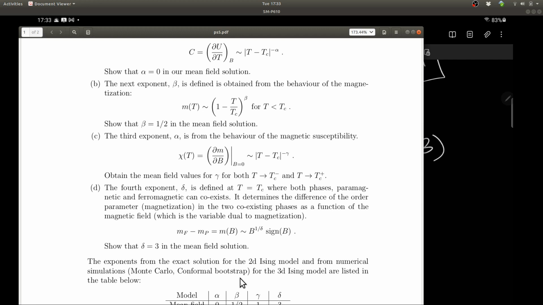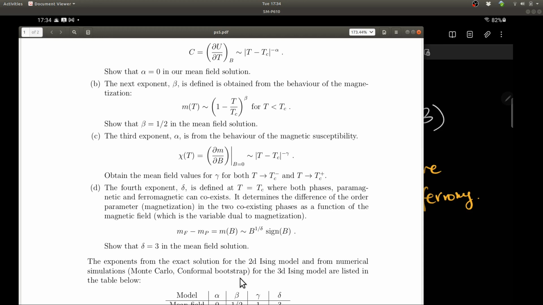It's exactly at t equal to tc, where both phases coexist. What are the phases? Here f is the ferromagnetic phase and p is paramagnetic.